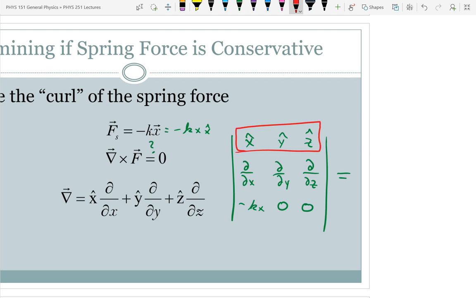And you're all like, what kind of crazy language is he speaking? The co-matrix of x hat is the matrix I get if I take out the row and column x hat is in. So I'm going to have x hat times the determinant of that for my first term.